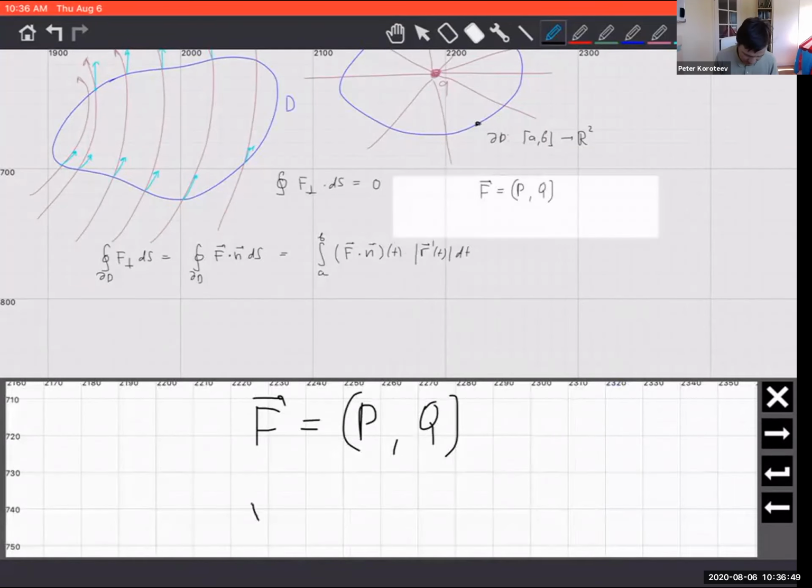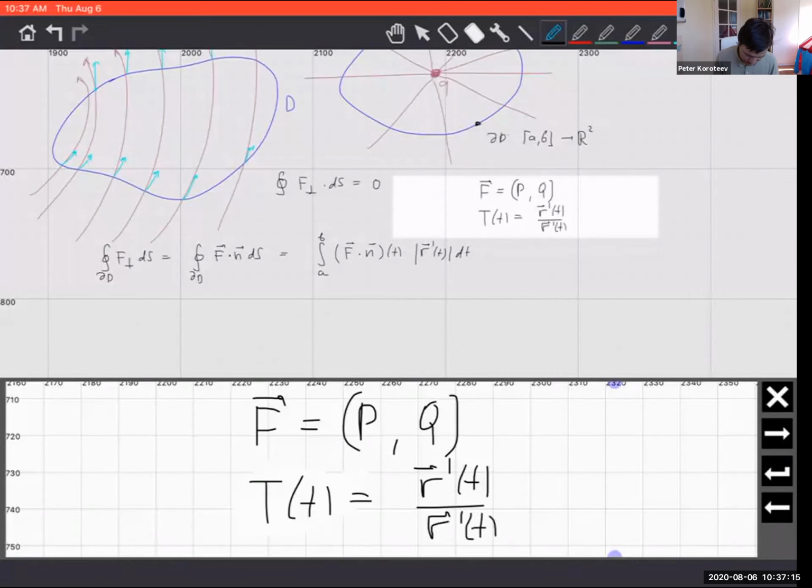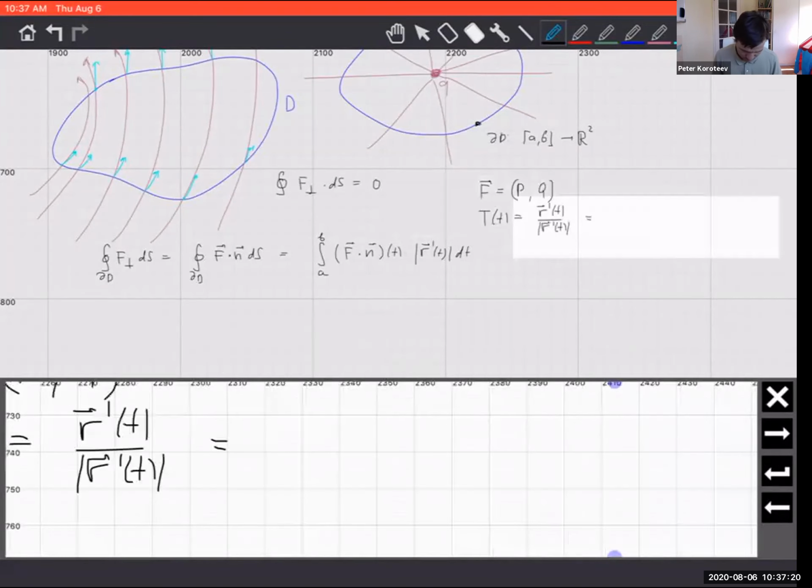Now the unit tangent vector is the normalized vector of the derivative, so it will have components x prime, y prime divided by the absolute value of r prime.